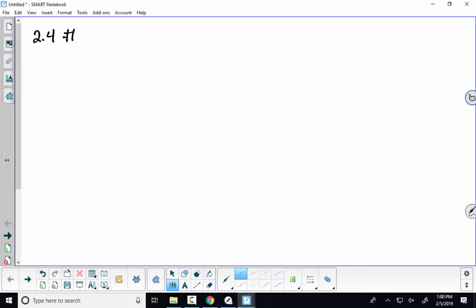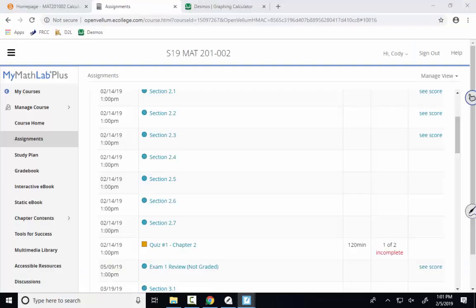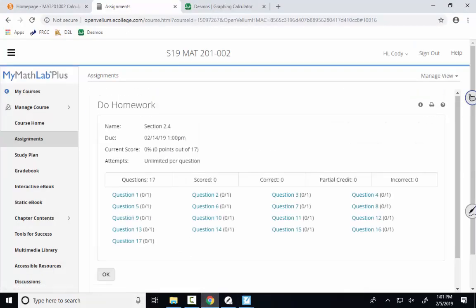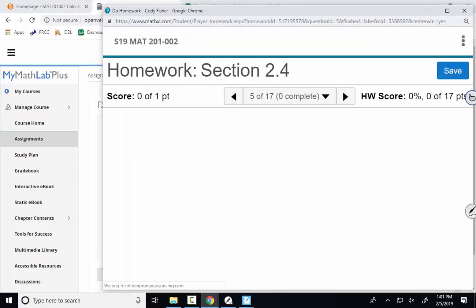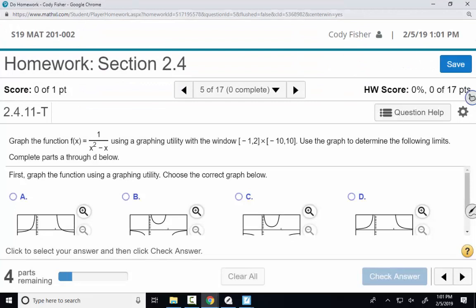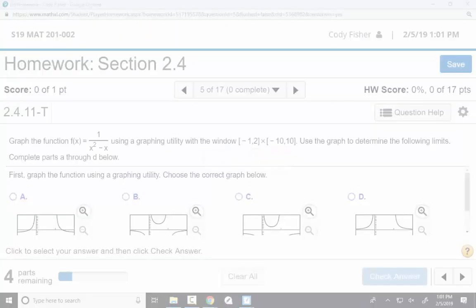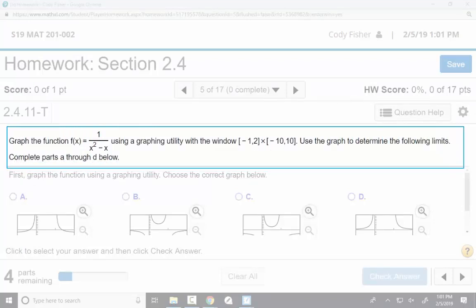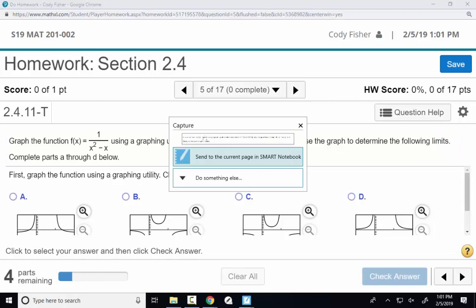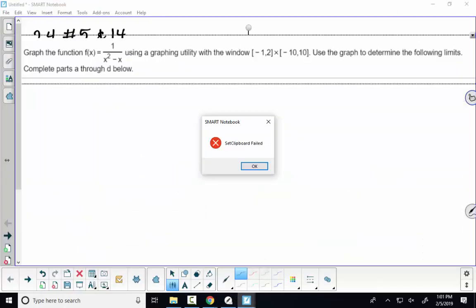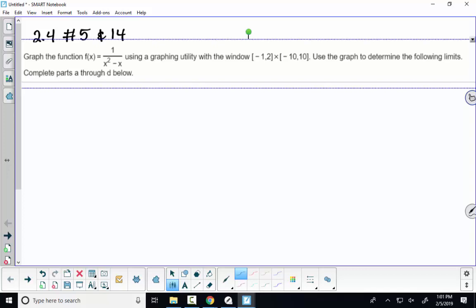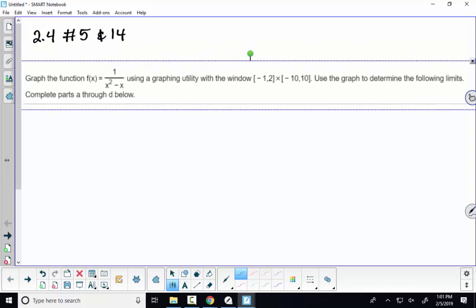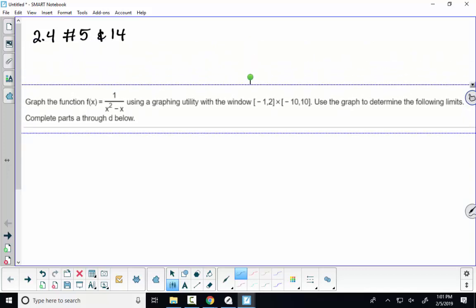2.4, number 5 and 13. Okay, so this one is number 5 with technology.